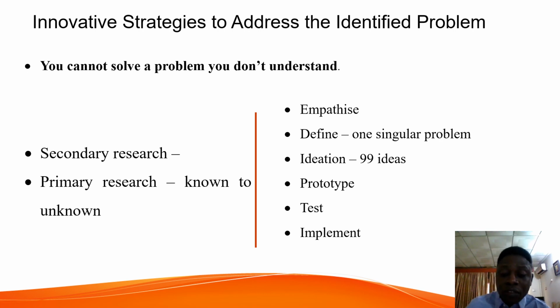Primary research is more ethnographic. You are using different methods like questionnaires, interviews, focus group discussions, and key informant interviews to get ideas on how you can improve on the solution. The way you are looking at it, that you want to solve that problem, may not even be the way the community sees it.